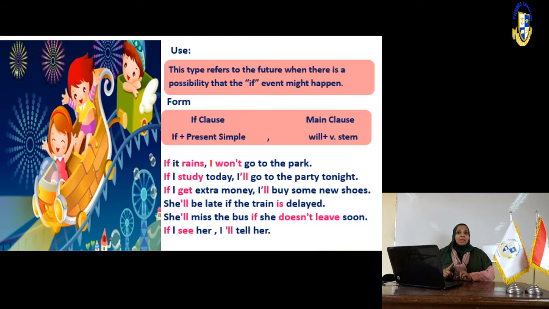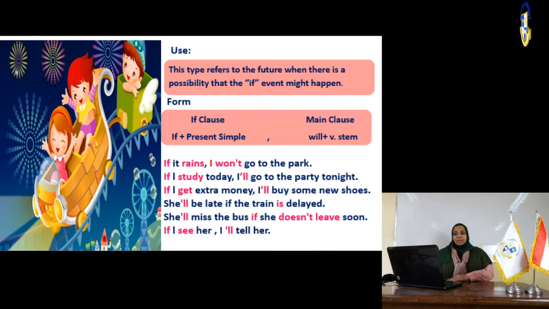If I have present simple with he, she, it, I have to put some endings on the verb, as I said, S-E-S or I-E-S. But with the plural personal pronoun or with I, I have to put the verb in stem without any additional letters, just the verb. The other clause is will plus verb in stem.